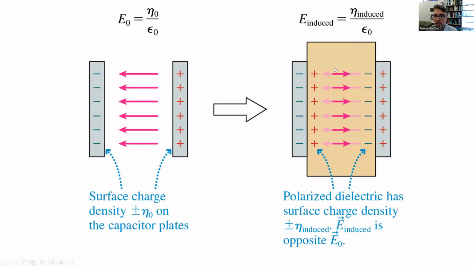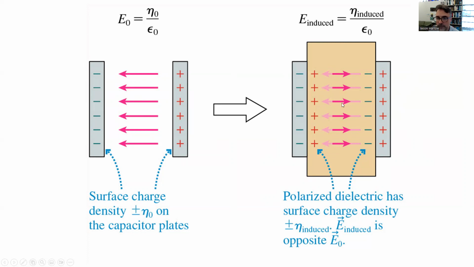But now, when you insert a dielectric, you don't just have the negative plate and the positive plate. You now have this polarized, I guess, surface charge density eta induced. So there's an induced positive surface charge on this left side and a negative on the right side.